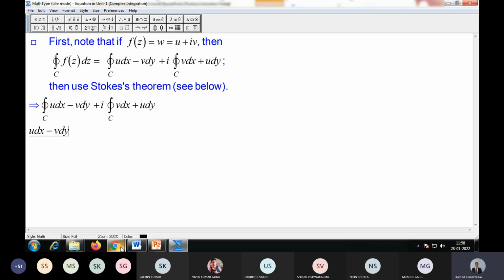Sir, if two functions are differentiable, then the integral of u dx plus v dy is equal to the double integration of del v by del x minus del u by del y.